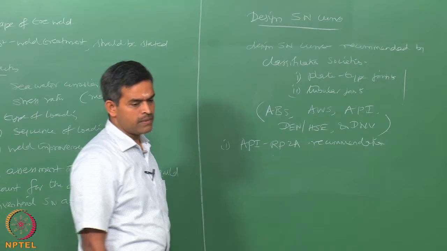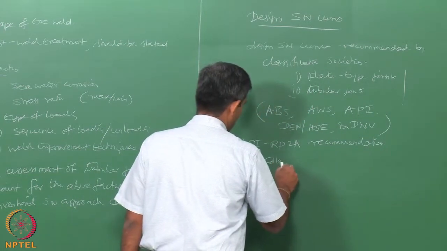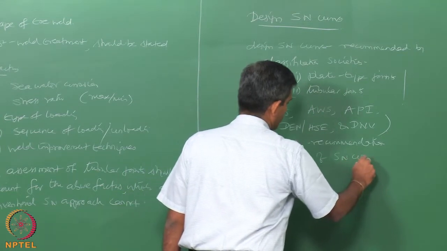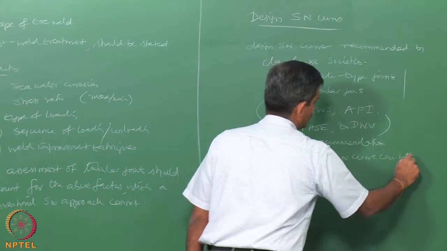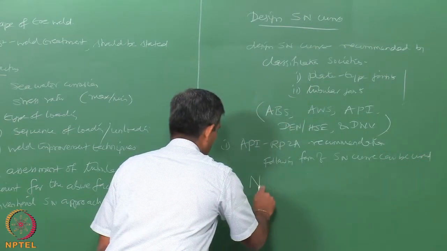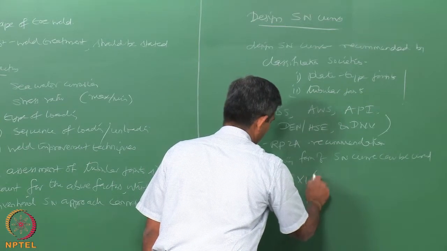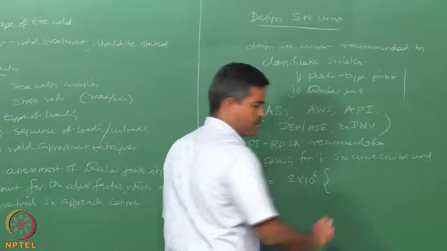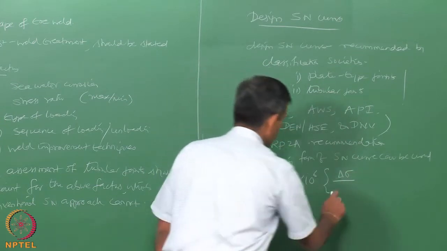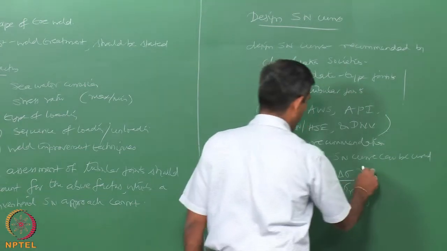It says that the following form of SN curve can be used, that is N equals 2 times 10 power 6, delta sigma by delta sigma reference raised to the power minus m.